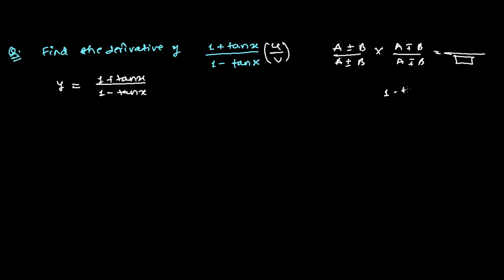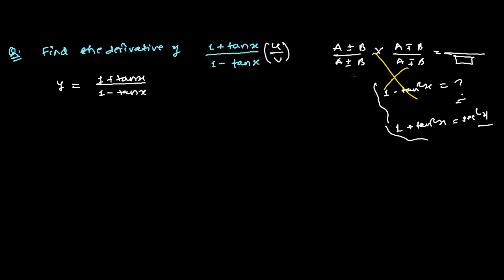You will get 1 minus tan square x in the denominator. But 1 plus tan square x is sec square x, and that we cannot make now. So this method is not going to work. We need to think of something else.